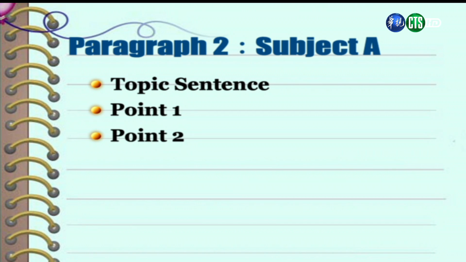And so for your second paragraph, you want to write a topic sentence that tells the main idea of the paragraph. Then explain each point that you want to make about your subject.